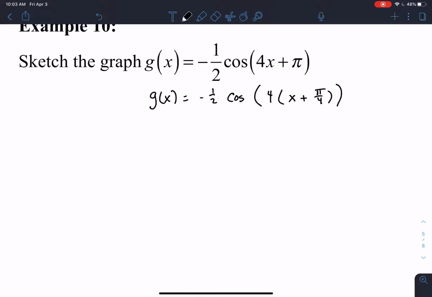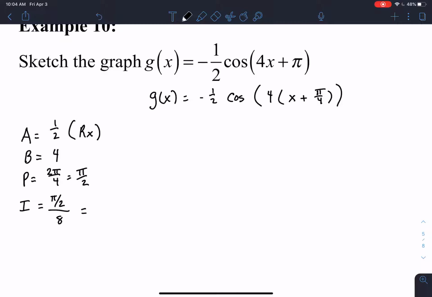Okay, so I have an amplitude of 1/2 with a reflection, and then my b term is 4, which then makes my period pi over 2, and then my interval, oops, sorry, getting ahead of myself, is pi over 8.